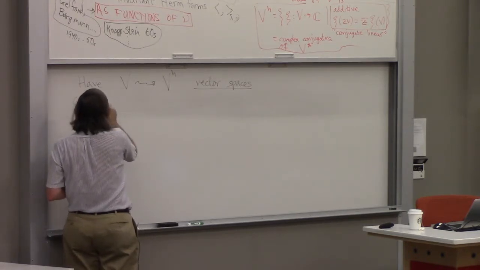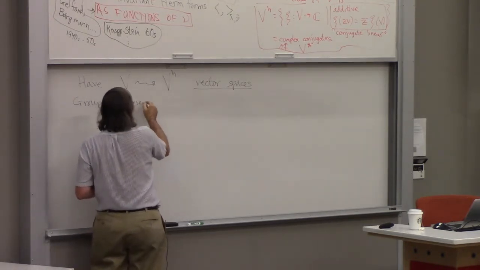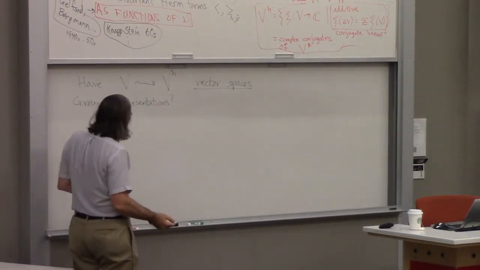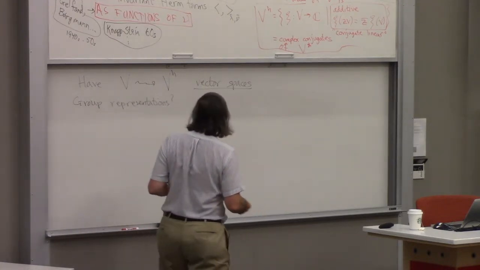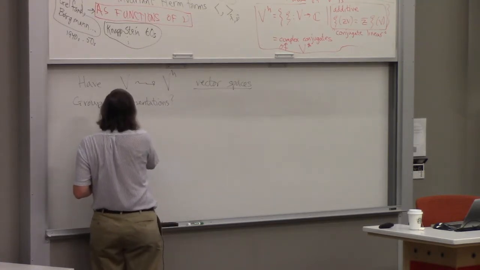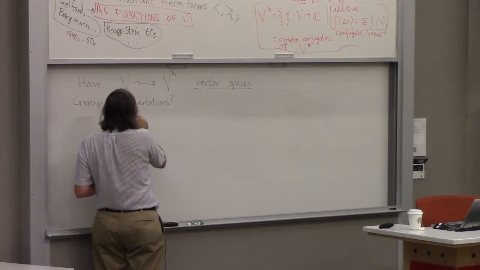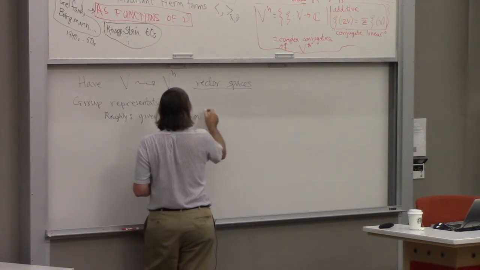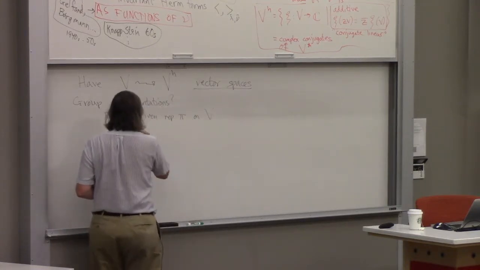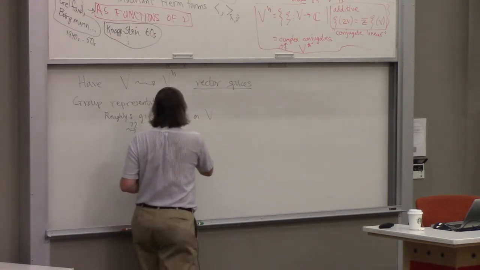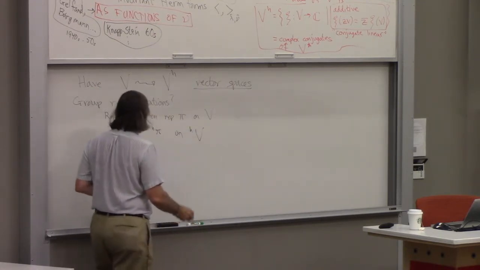In order to do this on the level of group representations, what you'd like to do is, if you're given a representation pi on V, define a Hermitian transpose of pi on this Hermitian dual.